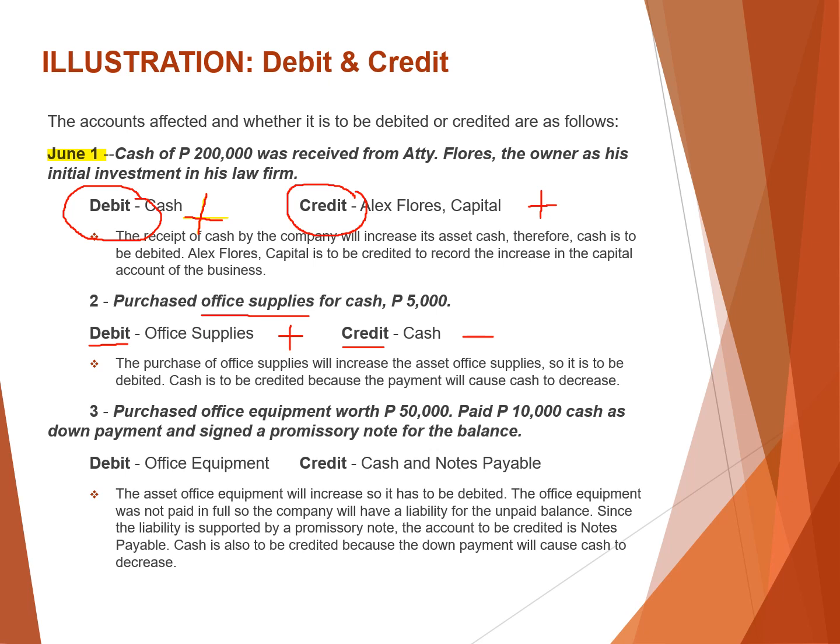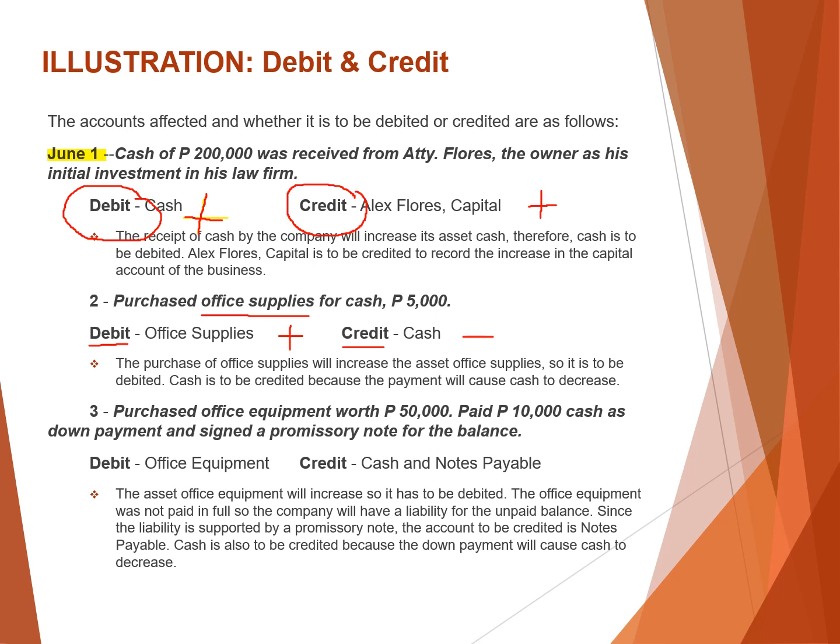Next, number 3, purchase office equipment worth 50,000. Okay. Nagbayad ng 10% down, 10,000 down payment, and then the remaining balance is nag-issue ng promissory note. Now, what are the accounts that are affected?